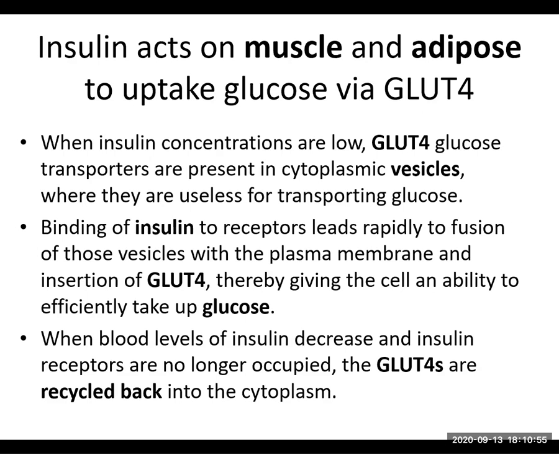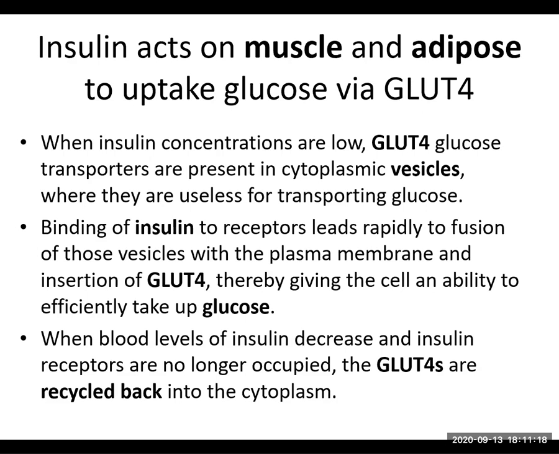If there's no insulin, this GLUT4 will be retracted back into the cell, and then they cannot transport glucose. If there's insulin, this GLUT4 will be stimulated to move into the cell membrane to allow the cells to reabsorb the glucose.